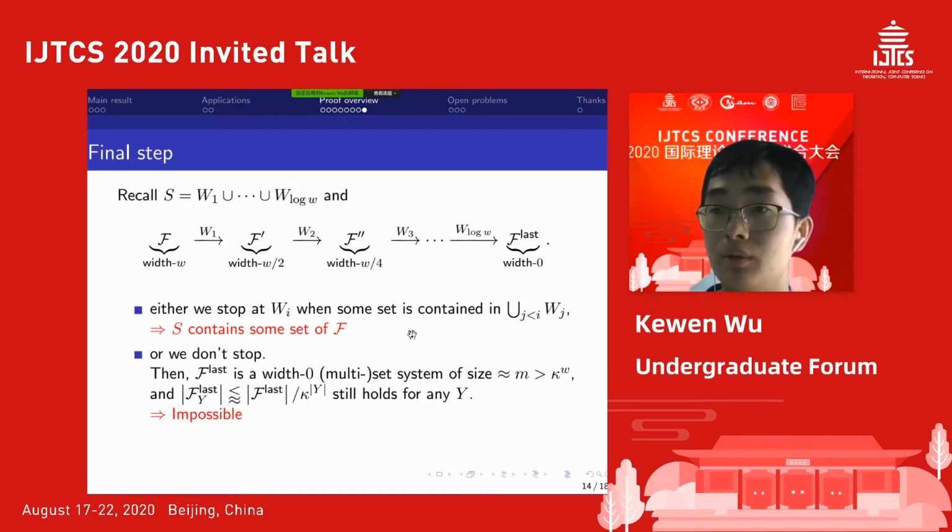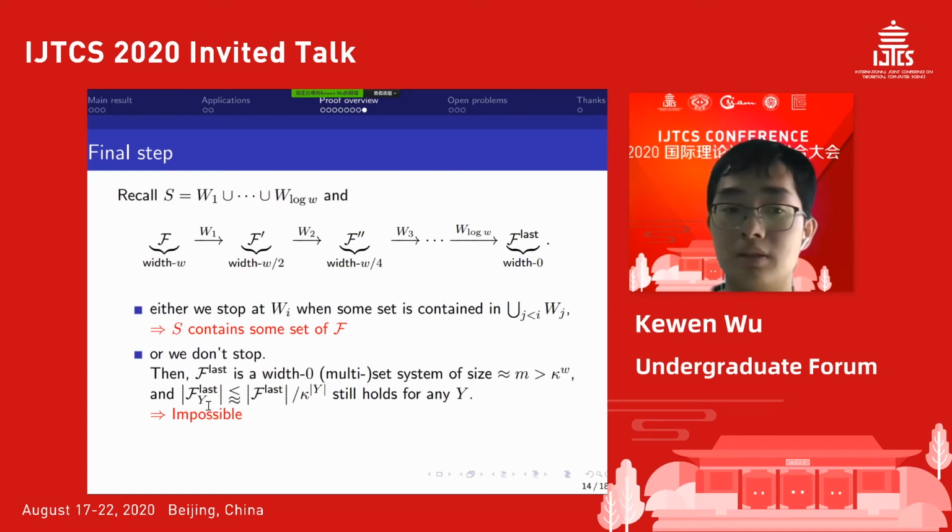Or we don't stop and we arrive at this F last. And informally, this F last is a width 0 multi-set system. And since each step is pseudo-random preserving, we know that this F last has size still roughly M, which is larger than kappa to the W. And this link condition still holds for F last.